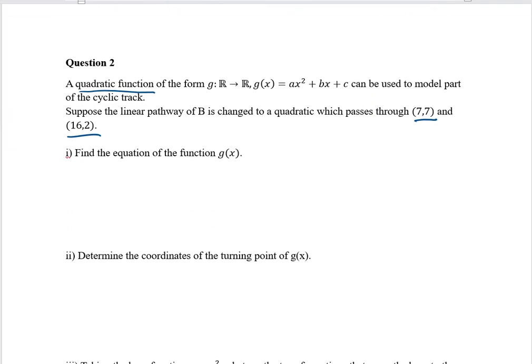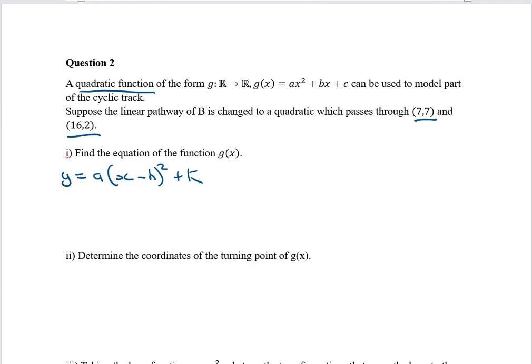It says, find the equation of the function g of x. Now, there's multiple ways we could have solved this. The easiest way I would think is by using 7, 7 as a turning point. So if we think about our turning point form, we've got a times x minus h squared plus k.